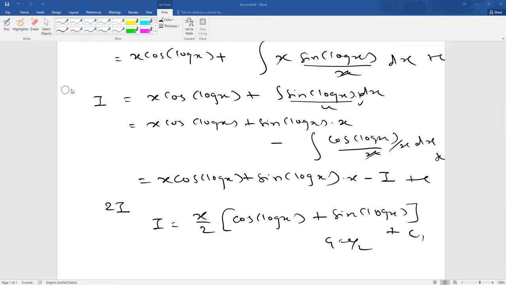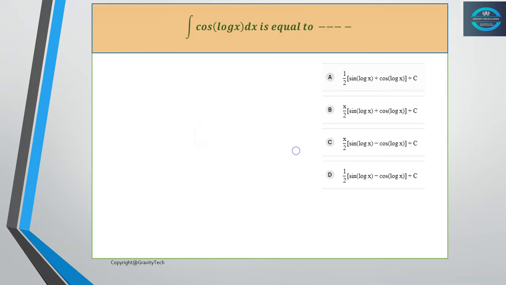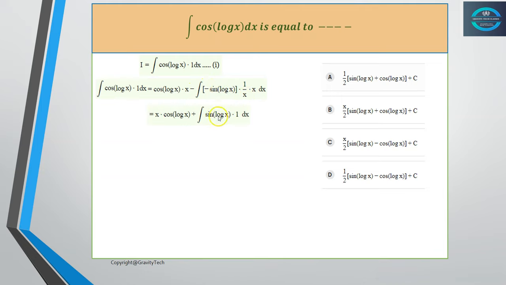Now let's go back to the slides. Yeah, so this is the u into v rule. Apply it. Cos as it is, the integration of 1 is x. The derivative of cos is minus sin, and minus minus becomes plus. The derivative of log x is again 1 upon x, and the integration of this 1 is x, so x cancels. This will be sine of log of x.